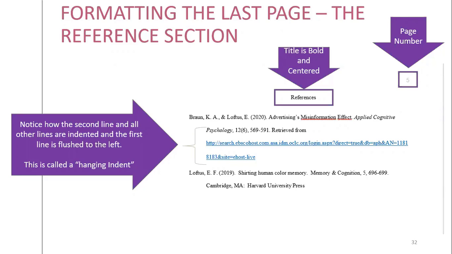This is what we call a hanging indent, and a hanging indent is what is used specifically in the reference section. And I'm going to show you in a moment how you can actually customize this using Microsoft Word and even Google Docs. But the point I want to make here is that the reference page has a slightly different format than any of the other pages.